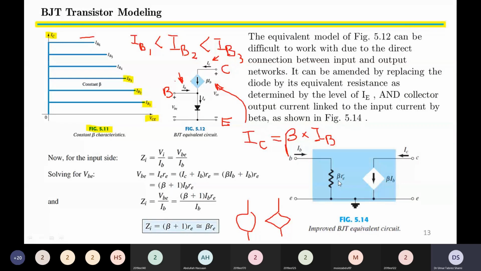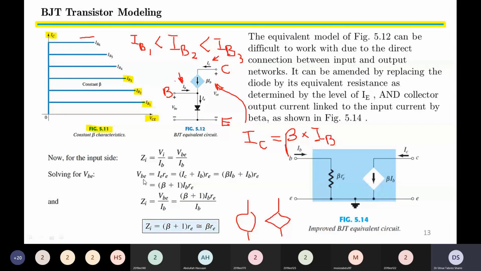Beta times Re, for your information, is the resistance of the imaginary diode. Now, the input impedance is represented by input voltage divided by input current. Input voltage is VBE, voltage base emitter, divided by input current. Input current is IB.